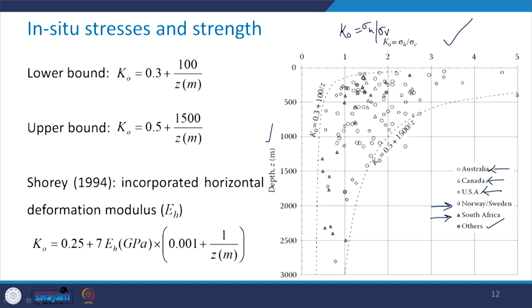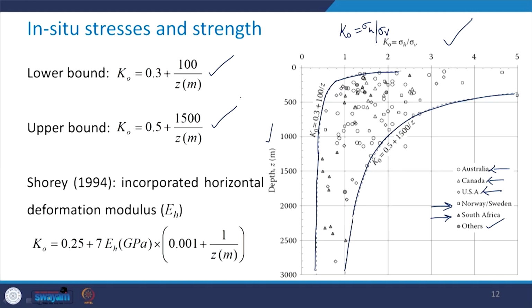This is the upper bound with respect to the larger values of K, and this is the lower bound. The equation of the lower bound is K naught equal to 0.3 plus 100 upon Z, with Z in meters, and the upper bound is given by 0.5 plus 1500 upon Z, with Z in meters.